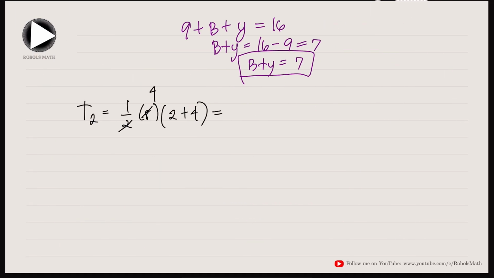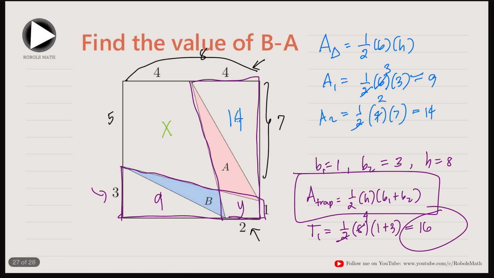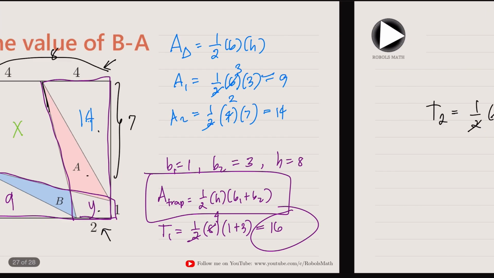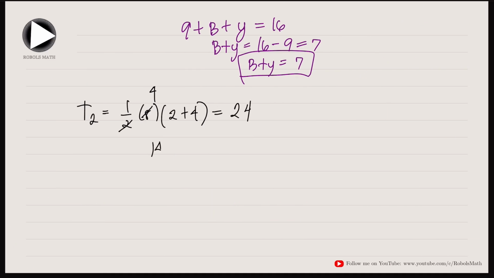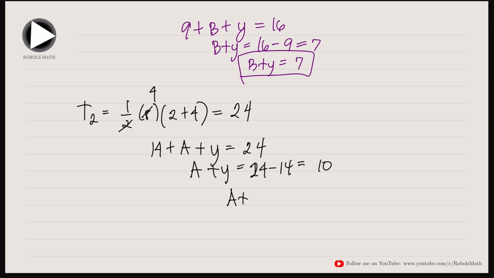So T2 equals 24. But we know, similar to our reasoning earlier, that the trapezoid at the right is equal to the sum of 14, a, and y. Therefore, 14 plus a plus y equals 24, which means that a plus y is equal to 24 minus 14, which is 10.